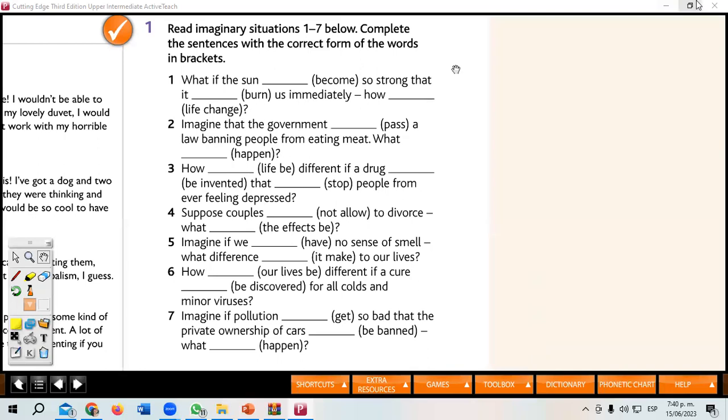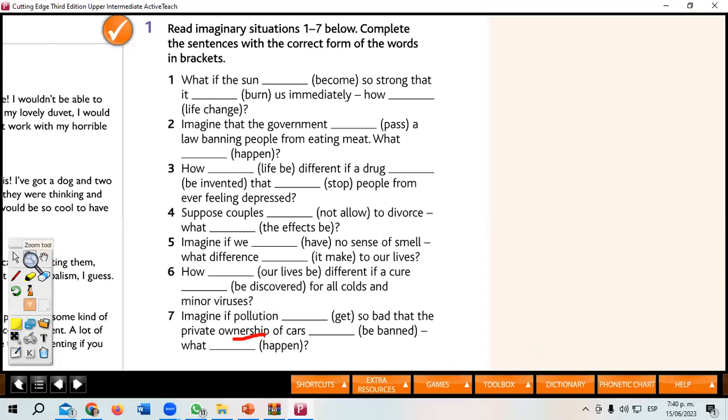All right, guys. Excellent. Is it correct to say where? In this case, no, because we are talking about ownership, la propiedad, como tenencia de carros. So it's a thing. No es carros, sino la propiedad.